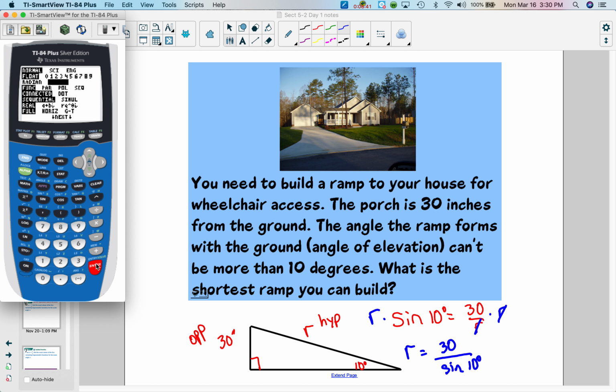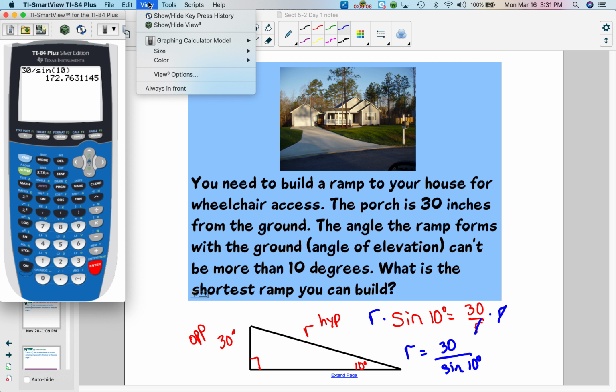There will be a time coming up soon where we will be working with radians, but right now we want to be in degrees. So check that and verify you are in degrees. Now I can just take 30 divided by sine 10 degrees, and when I do, I get this answer here.